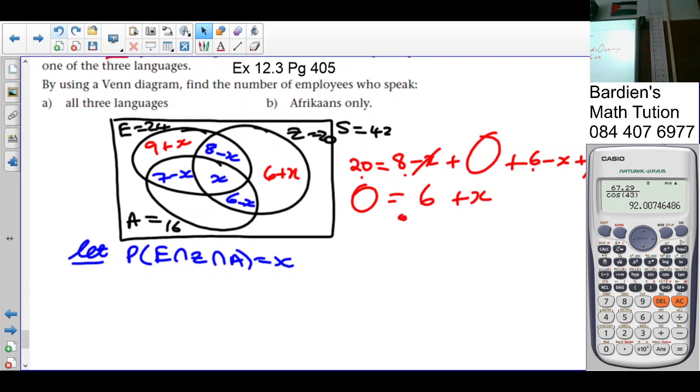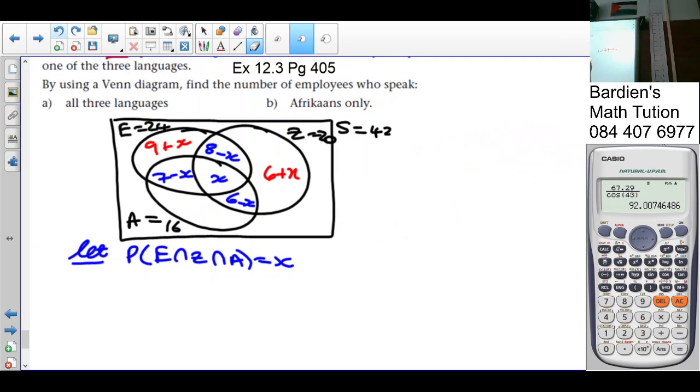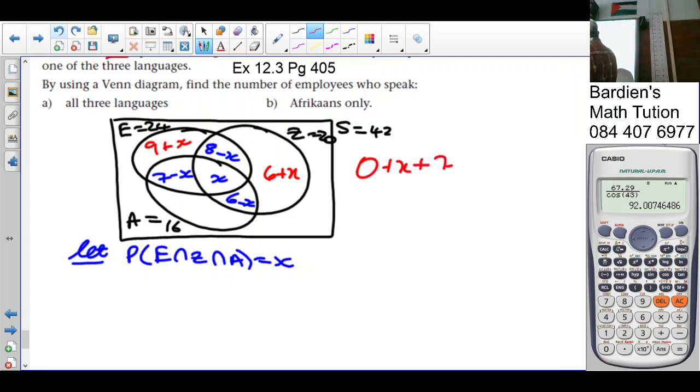And the last one will give us that unknown plus x plus 7 minus x plus 6 minus x equals 16. So this cancels. 7 plus 6 is 13. 16 minus 13 is 3 plus x.